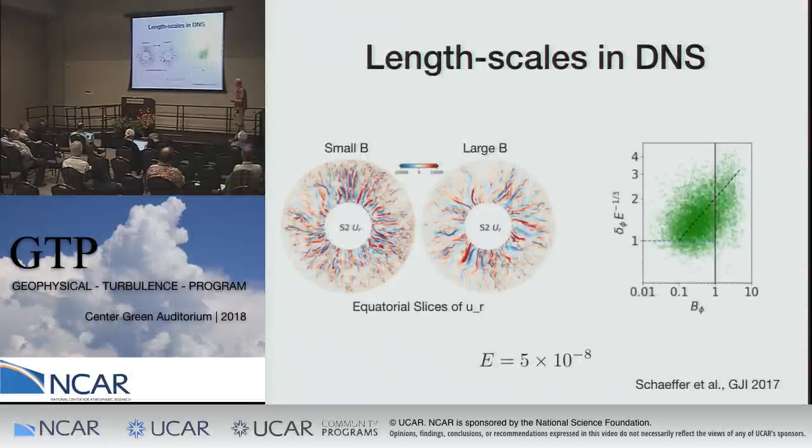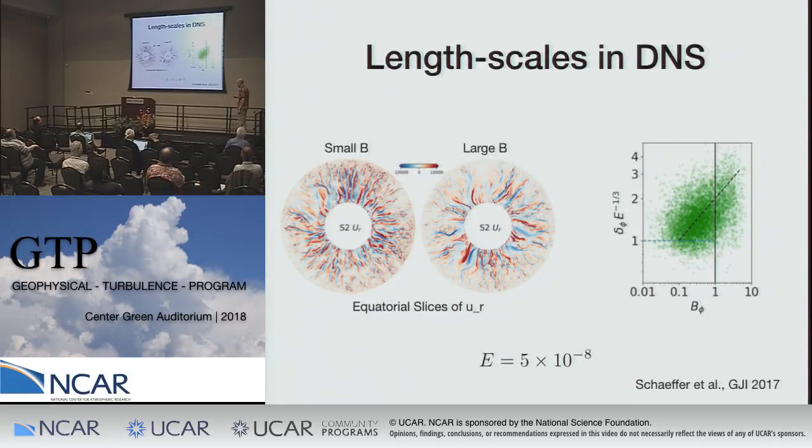And indeed, they calculated this. They found the azimuthal length scale in the simulations, normalized by Ekman to the 1/3, and they're plotting that as a function of the RMS B phi, the RMS value of the phi component of the magnetic field, so the longitudinal component of the magnetic field.